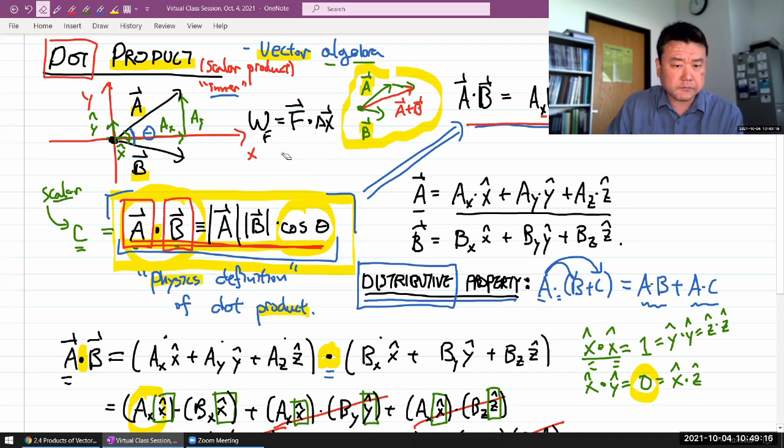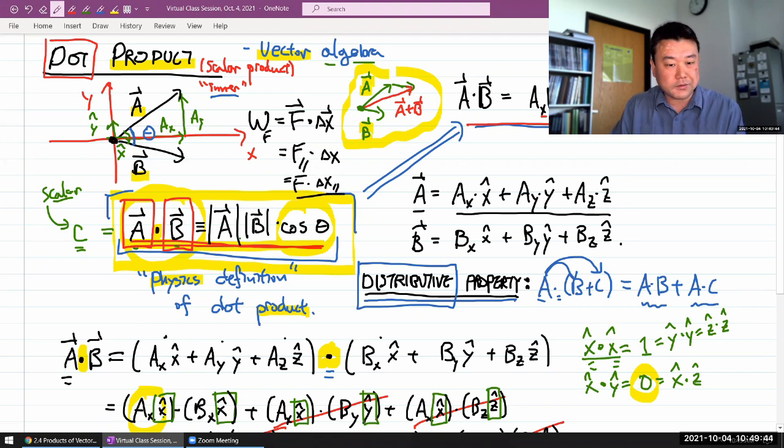And yeah, there are other ways to describe that product. Sometimes this can be described in terms of projection. You can imagine taking the projection of f along delta x, described by f parallel to delta x times delta x, or the other way around, f times the component of delta x that's parallel to force.